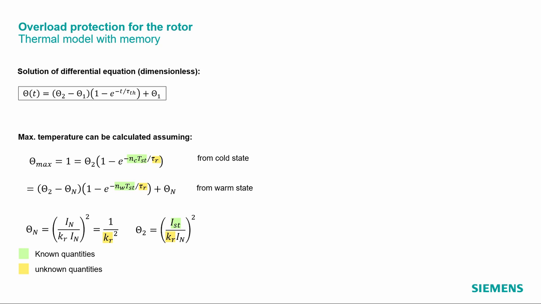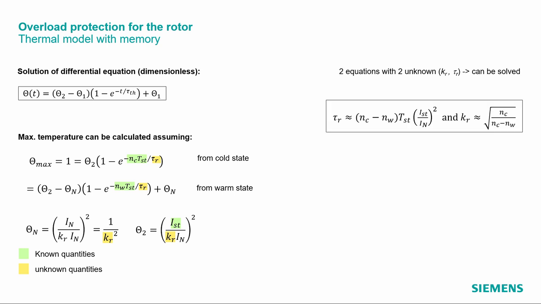And you see we have 2 equations which are independent of each other. And I have two unknown quantities, so I can solve these two equations. And the result is what we see here on the right-hand side. Here is an approximation for the tau and an approximation for the Kr, so for this factor here. Good, that is basically, let's say, the theoretical background of what we do for the rotor temperature model.